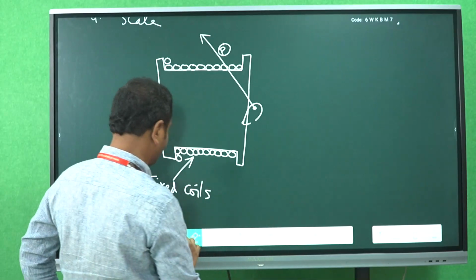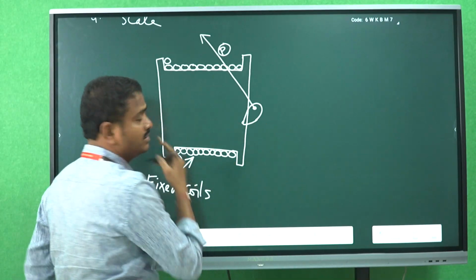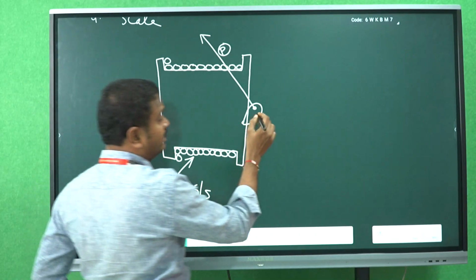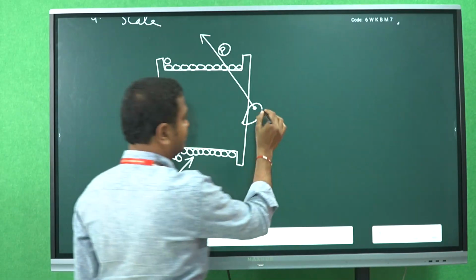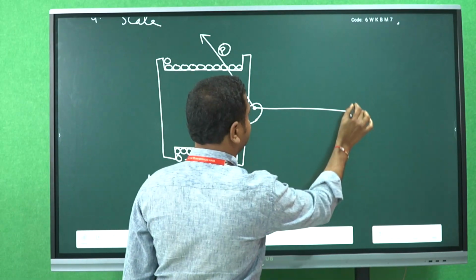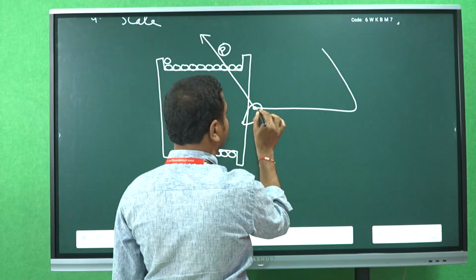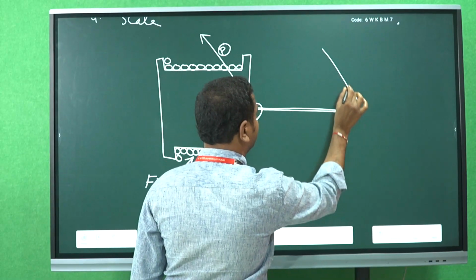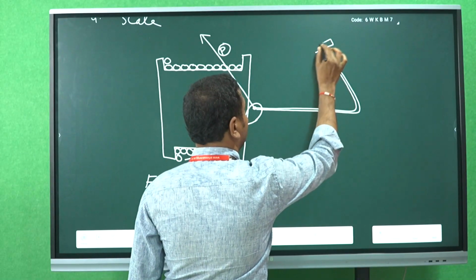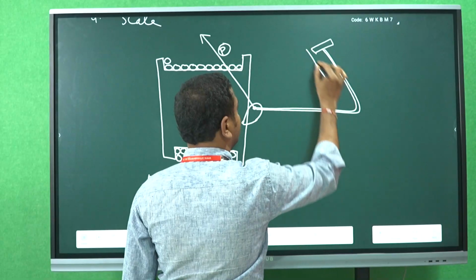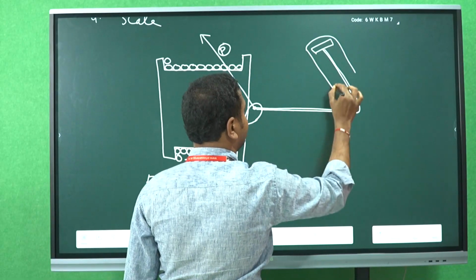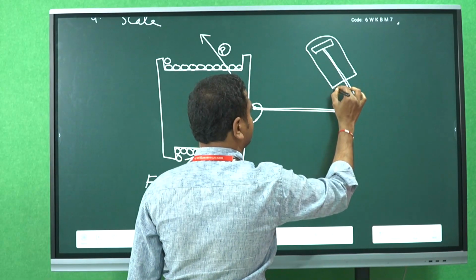Here we are using air friction damping, right? Air friction damping consists of an aluminum piston inside a closed chamber.